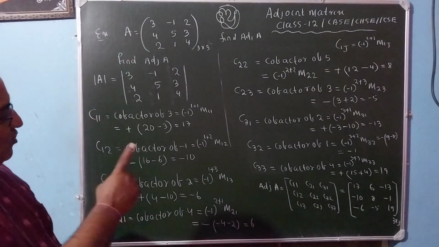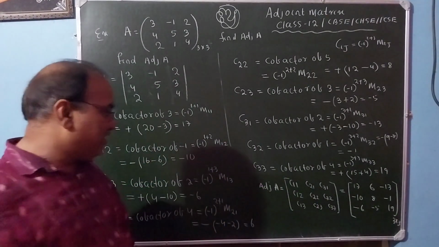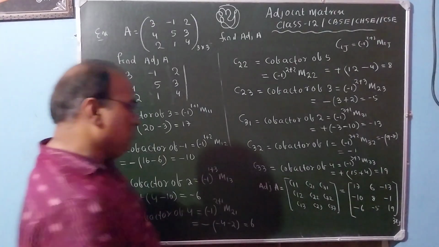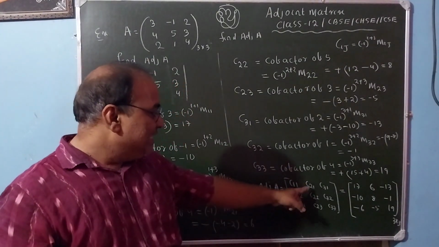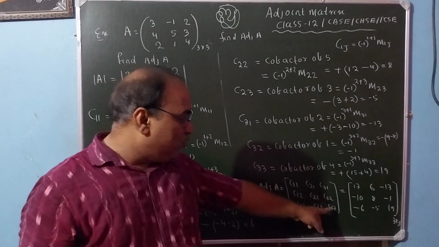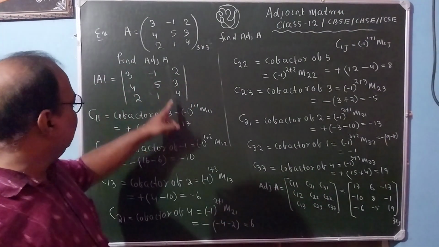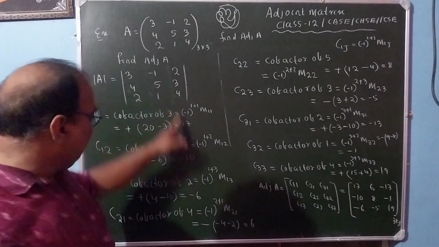The adjoint of third order matrix is obtained by transposing the cofactors. Okay, so in this manner you have to write C11, C12, C13, C21, C22, C23, C31, C32, C33. The value of C11, C12, C13 is already found out here.